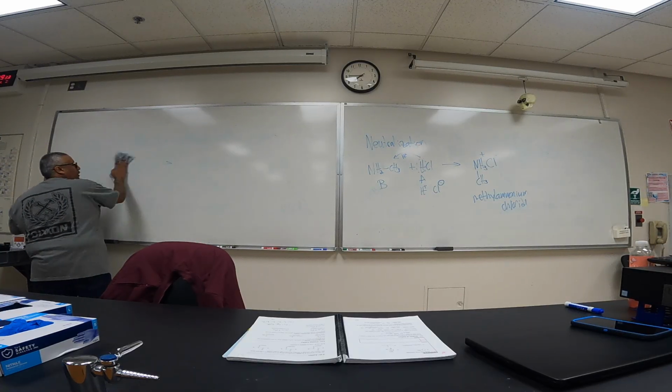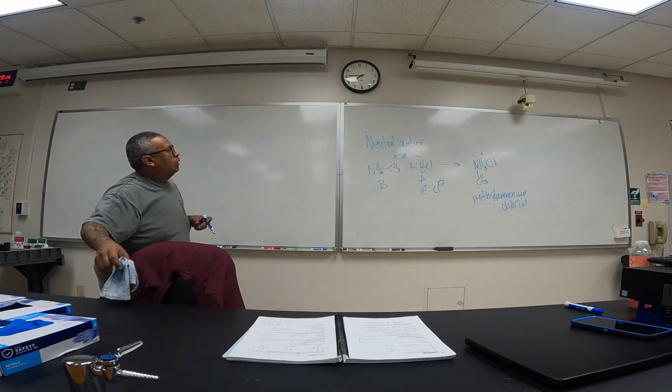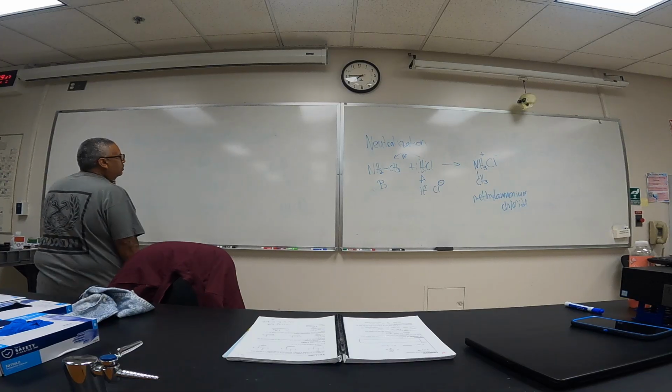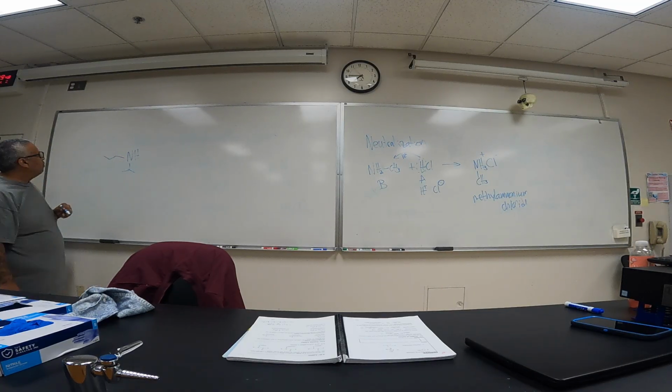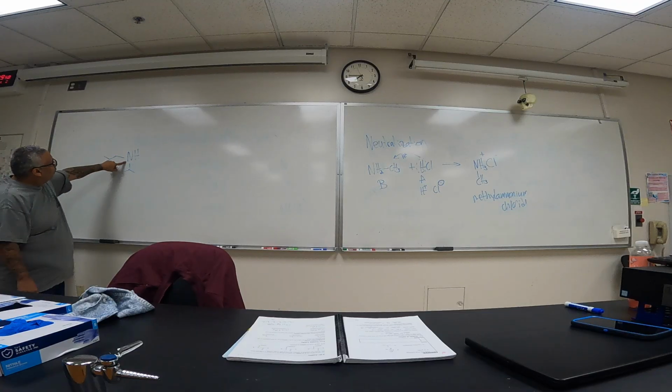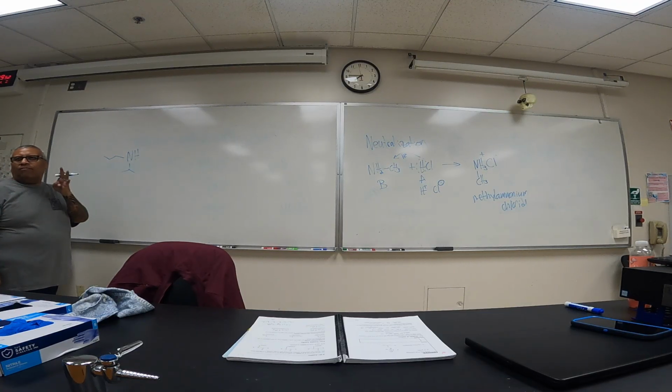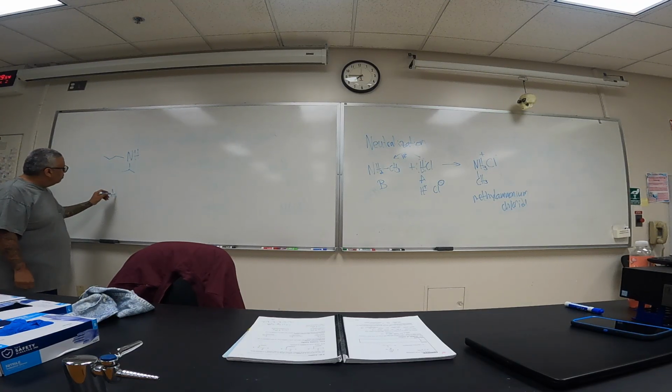Oh, let's see. Should we do one more? Yeah, let's just do one more here. How about we're going to put this here. So I'm just kind of using these branches now. But for nitrogen, carbon's required to have 4 bonds. Nitrogen can have more, but it's just required to have at least 3 bonds there.